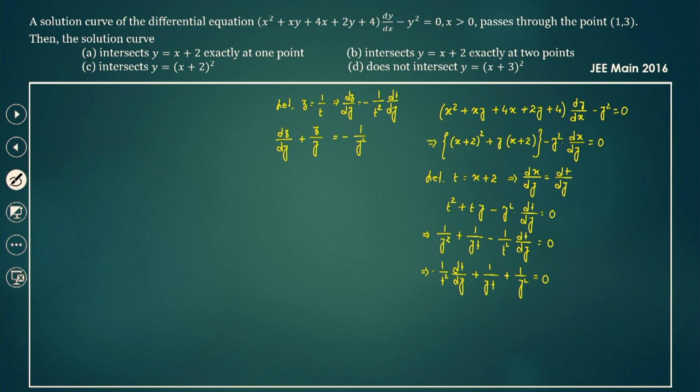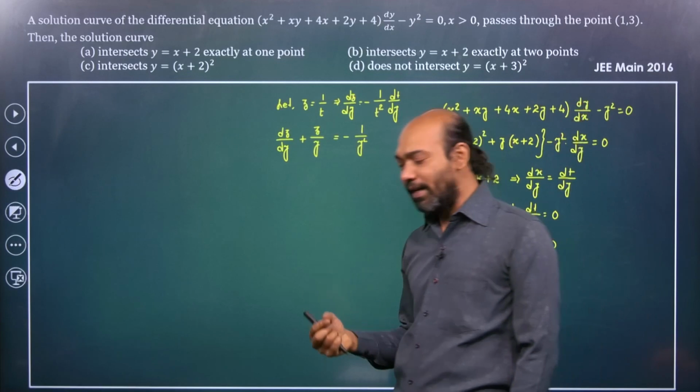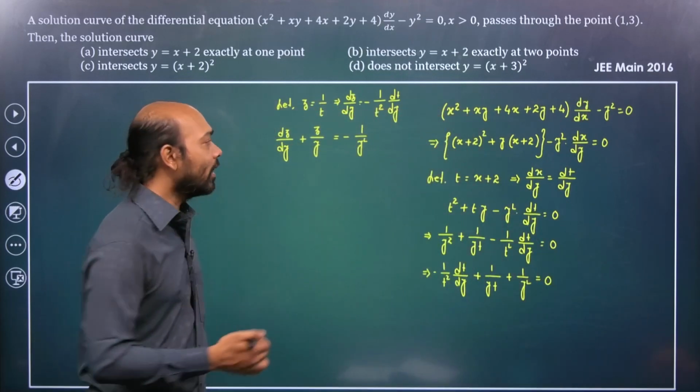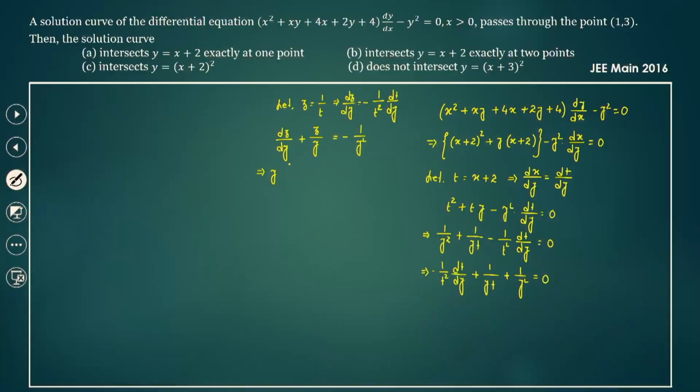Now this is an equation in linear form. You can go for the integrating factor, but here I just multiplied both sides by y itself. We get y dz/dy plus z equals minus 1 by y. The left hand side can easily be written as d/dy of zy, equal to minus 1 by y.